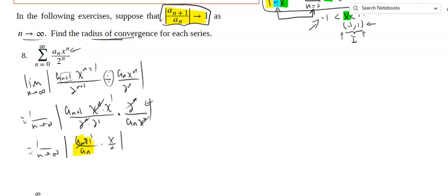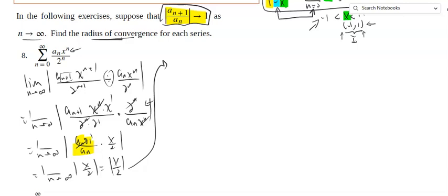So I am aware that I would be left with the limit as n approaches infinity of x over 2. And that's independent of n. That's x over 2 in absolute value. Now what do I do? If it was geometric, that would have been easy.